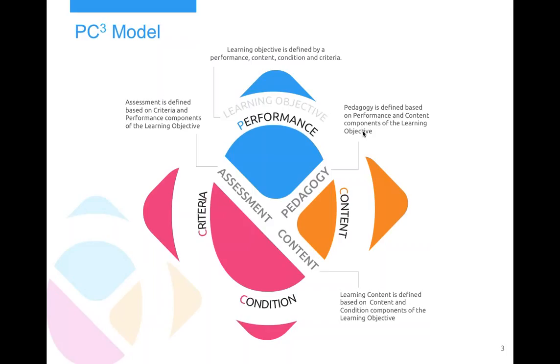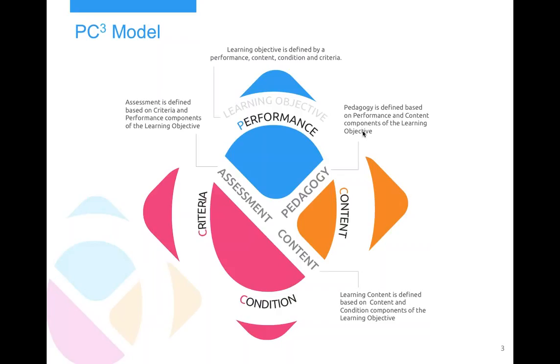The performance aspect of a learning objective is nothing but what we want the students to be able to perform as a result of this objective. And that's the performance, and it's linked to Bloom's taxonomy, basically the different learning domains and the levels of learning.